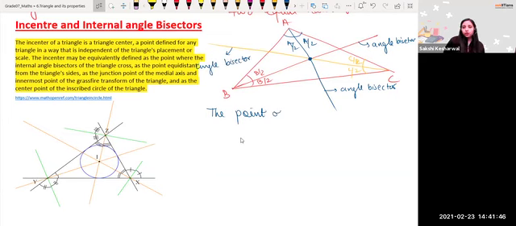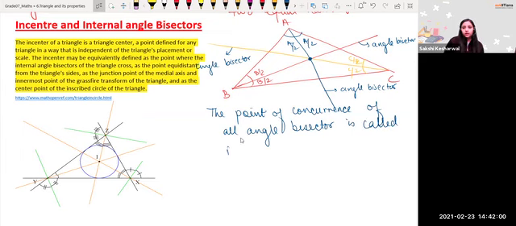That point of concurrence of all angle bisectors is called the incenter, right? This is the first point. The second point: it is denoted by capital I, right? So this is capital I.